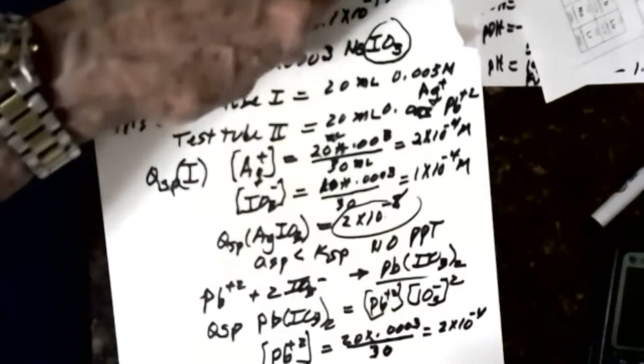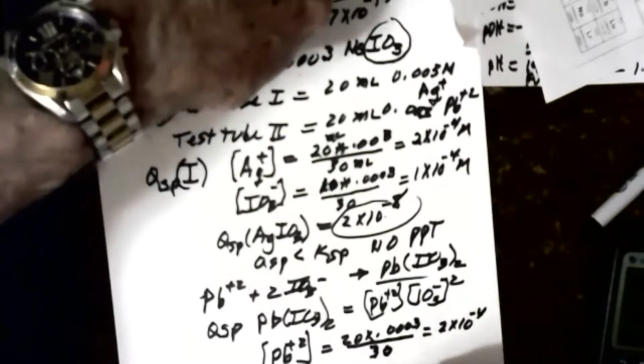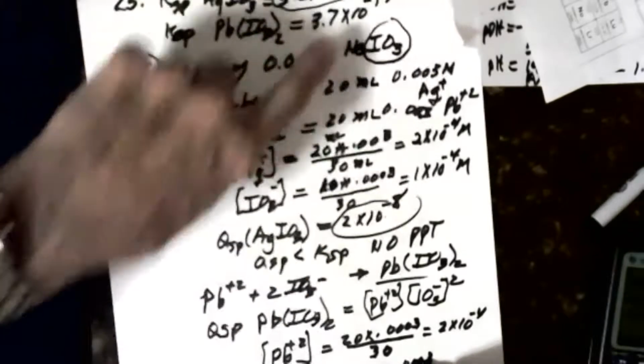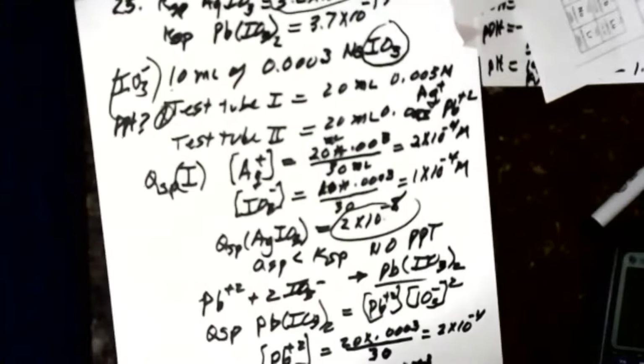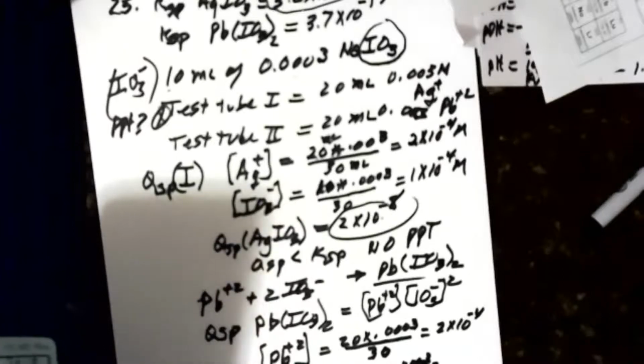The IO3- concentration is going to be, the amount of iodate that I put in is from up here. So it's 10 times 0.0003, way back up here, divided by 30. So the IO3- is 10 times 0.0003 divided by 30.